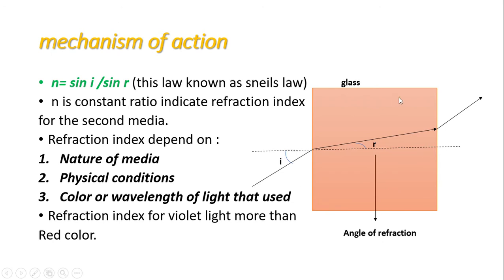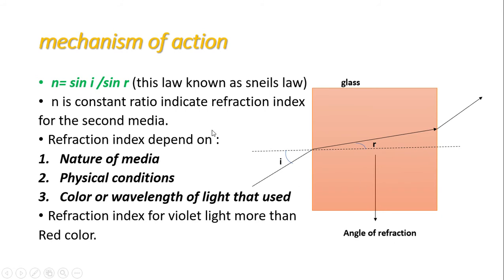The mechanism of action. To analyze this mechanism, we have two media, air and glass. When the light is transported from air to glass, it will be refracted, because we know that when light is transported from one medium to another, it changes direction. Here, the first angle is I. Also, inside the glass, we have R, the angle of refraction.